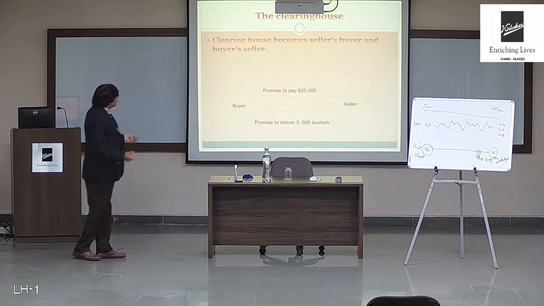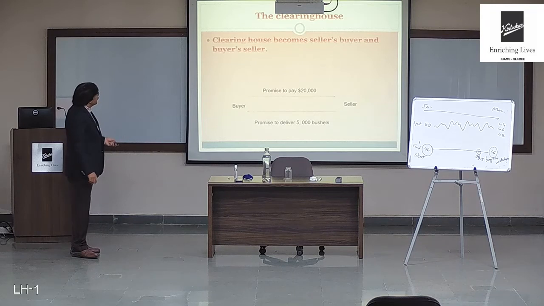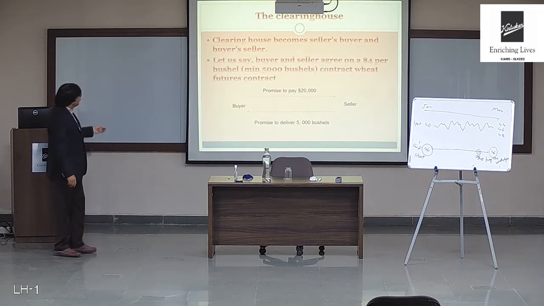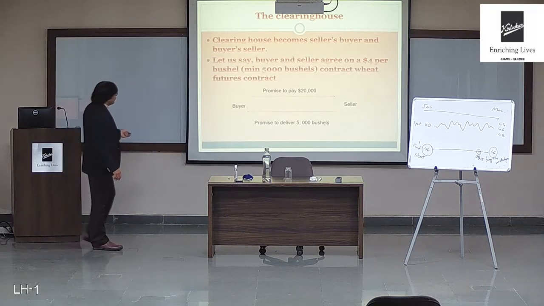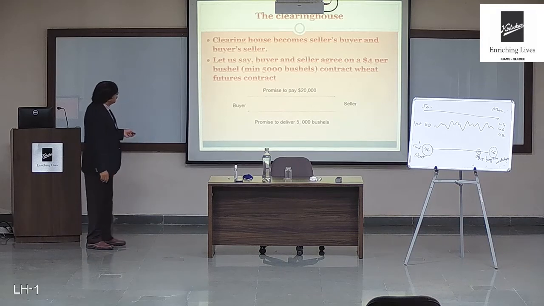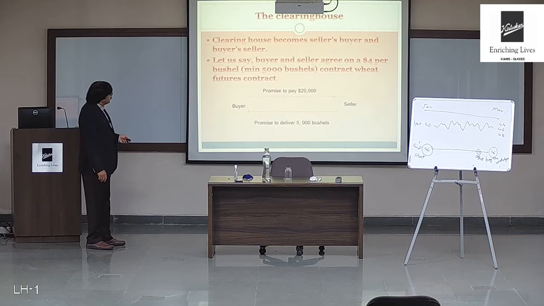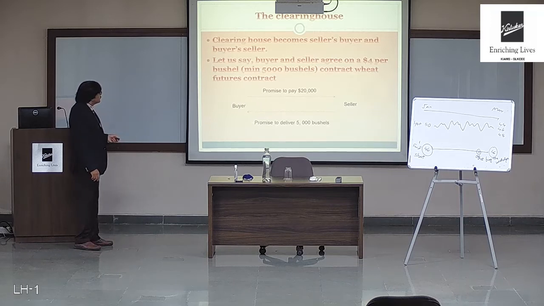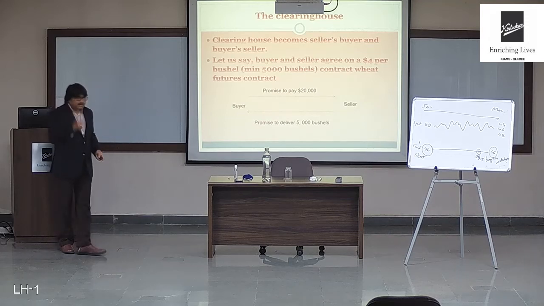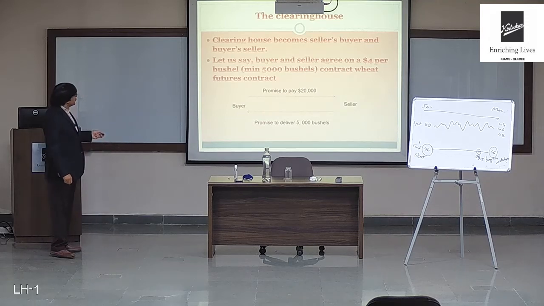The clearing house, as we can see, is now a person in between. First, if there is a buyer and a seller, the buyer promises to pay 20,000 to purchase 5,000 bushels of wheat. Bushels is like kgs, and the seller at the same time promises to deliver 5,000 bushels. This is a simple contract to be signed for future promises.